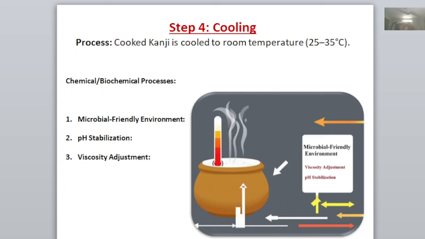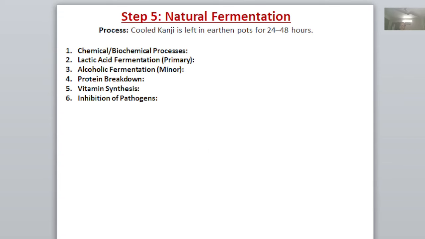And of course, once it is cooling, the viscous nature becomes more intense, and the pH also reaches the acidic region. Now in the next step, once you have provided all the medium, natural fermentation is going to take place.